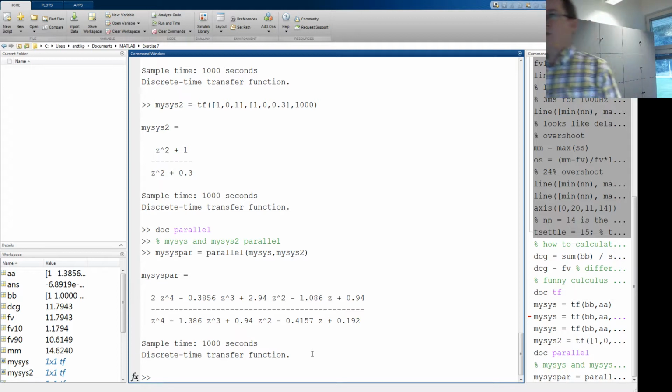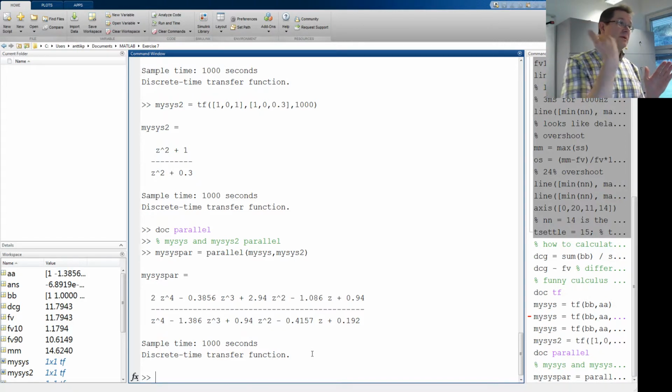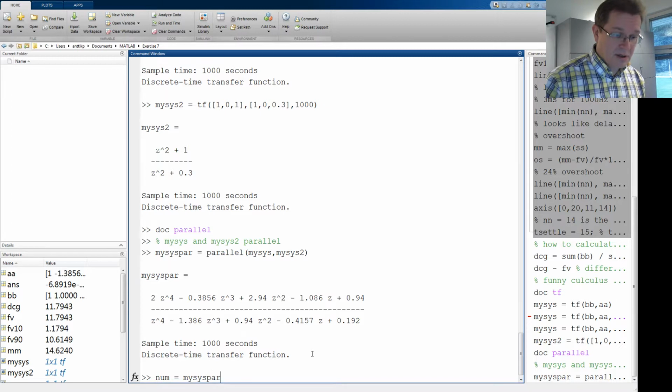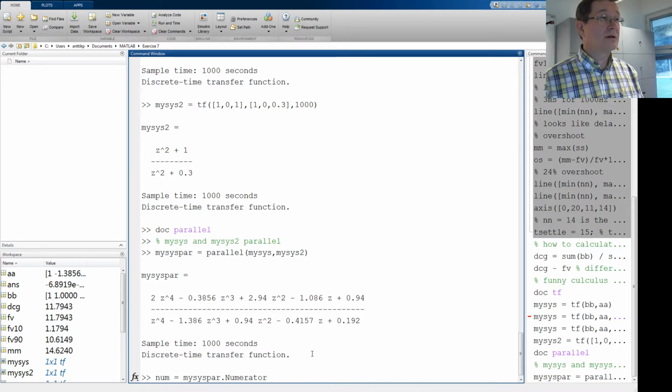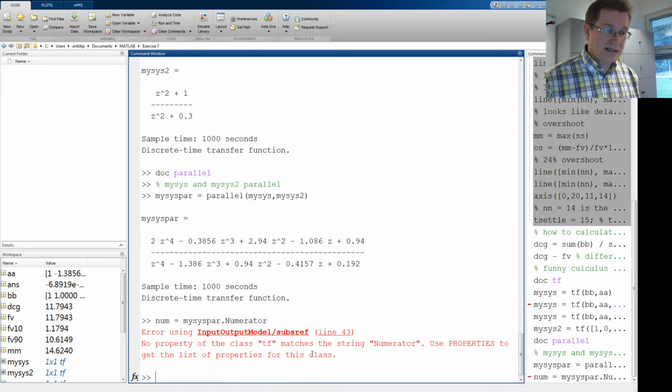If you want to get the numerator and denominator back, so you can do, for example, the step response or impulse response or frequency response, you can get it like this. Numerator equals minus parameter numerator. And I think I need to also do the cell to value cell. Let's see what happens. No. Let's see.